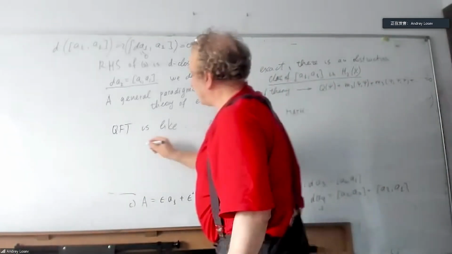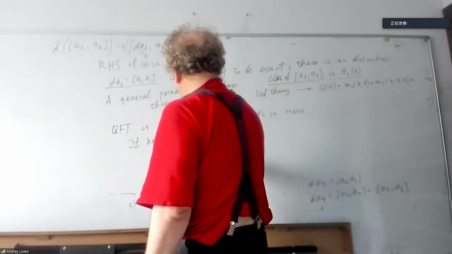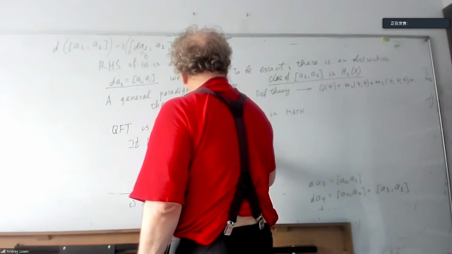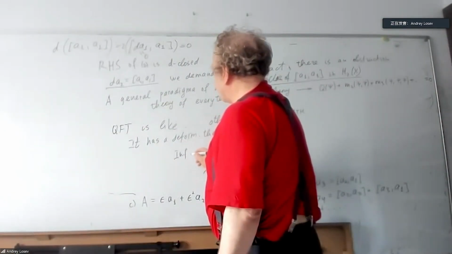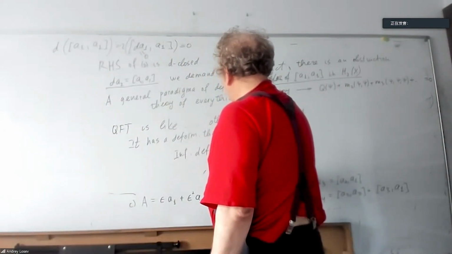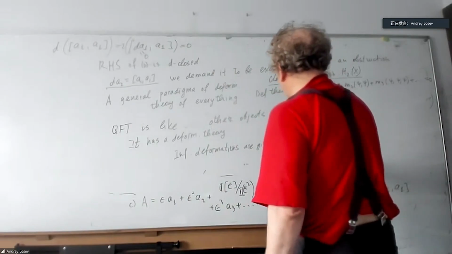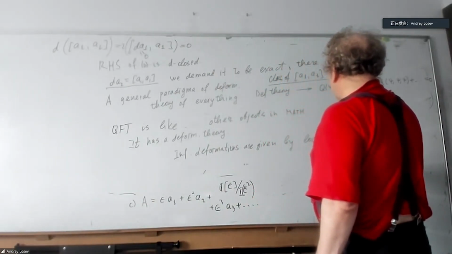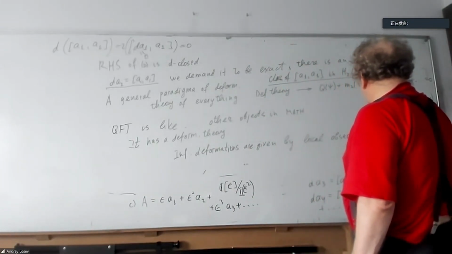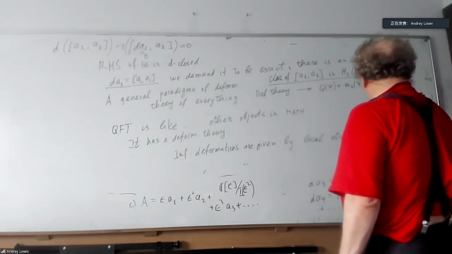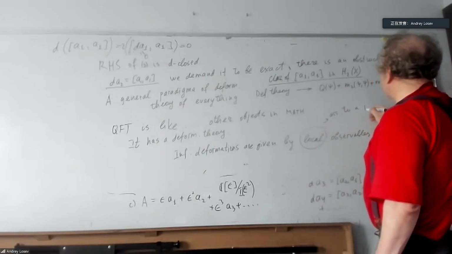It has a deformation theory. So infinitesimal deformations are given by local observables or defects. Local means associated to a point.